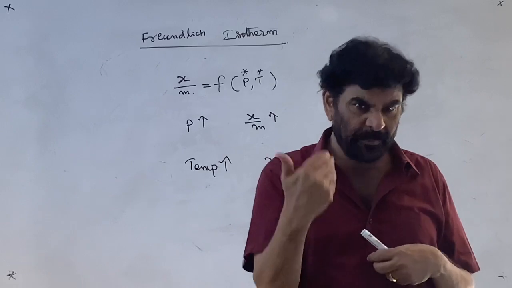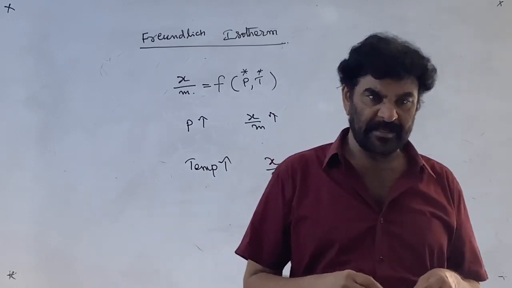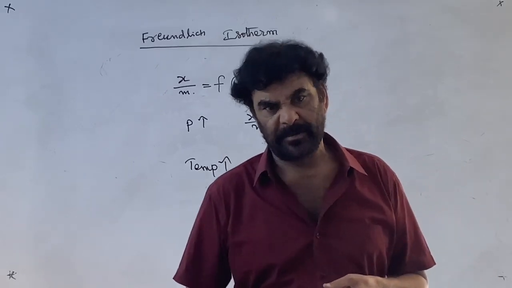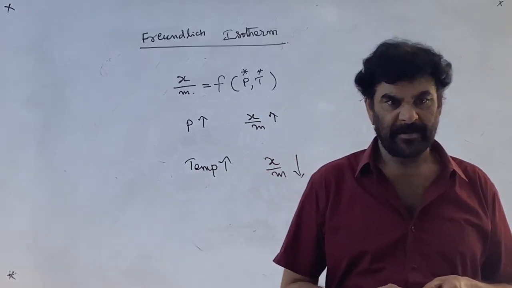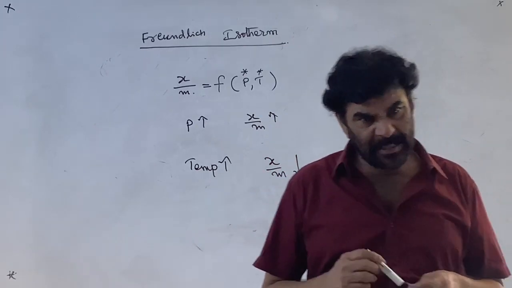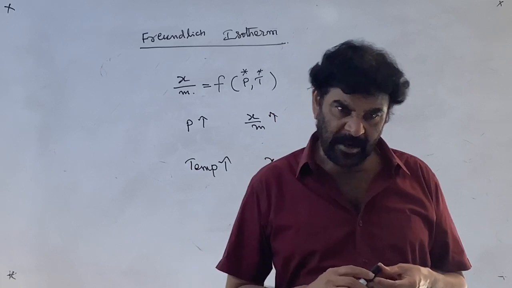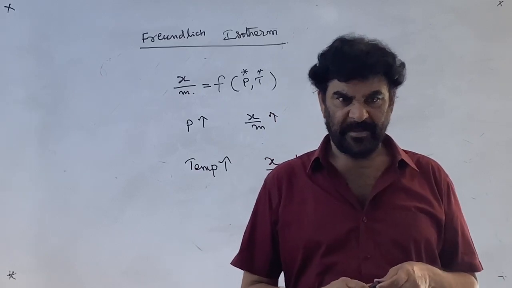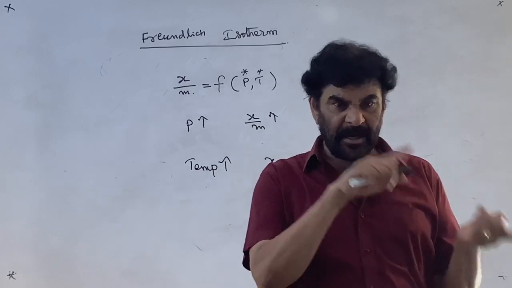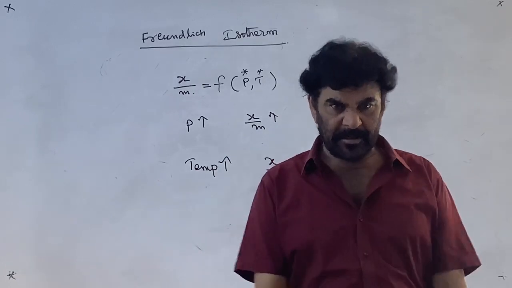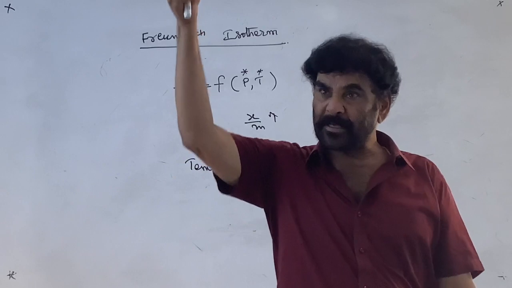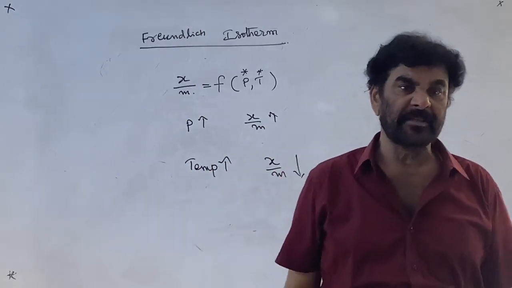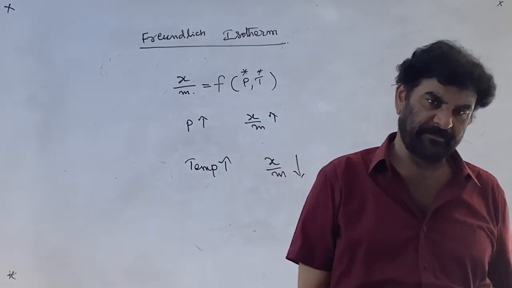If any experimental observation is made by keeping the temperature constant, that is called an isothermal process. The mathematical expression or generalization between the two variables under constant temperature conditions is called the isotherm.